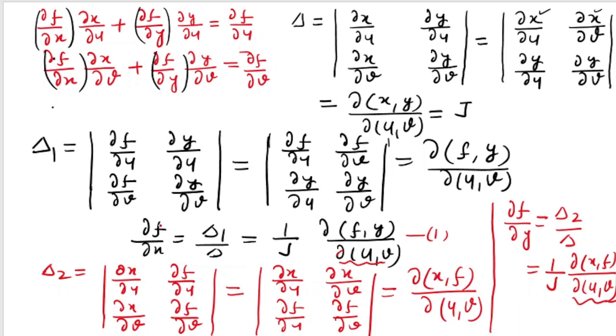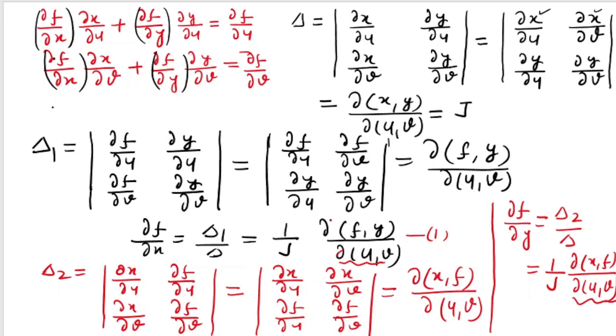When I am finding del f by del x, in the Jacobian, which is del xy, I am replacing x by f, and when I am finding del f by del y, I am replacing y by f. So it is very easy to remember. Del f by del x, everything remains the same, 1 by J del of fy by del of uv, 1 by J del of xf by del of uv.